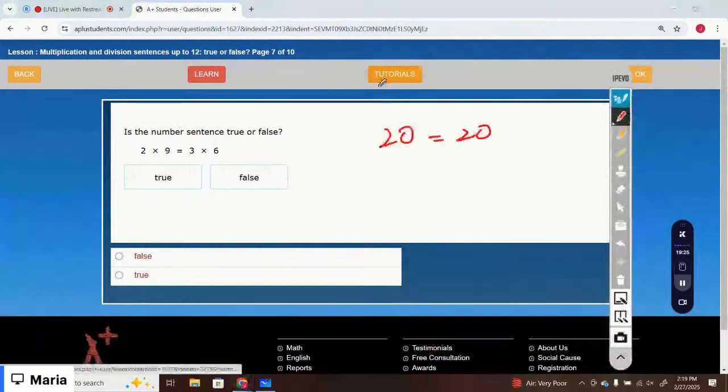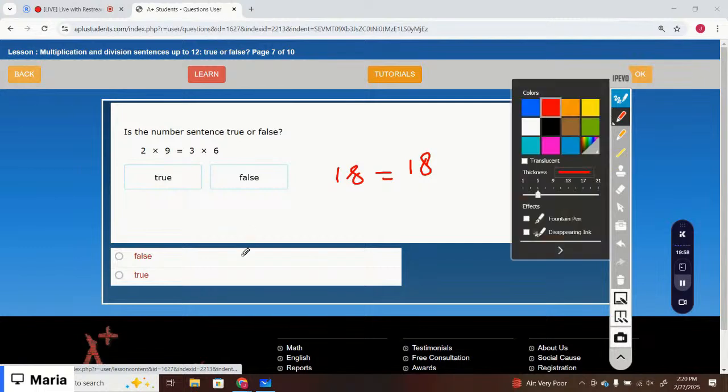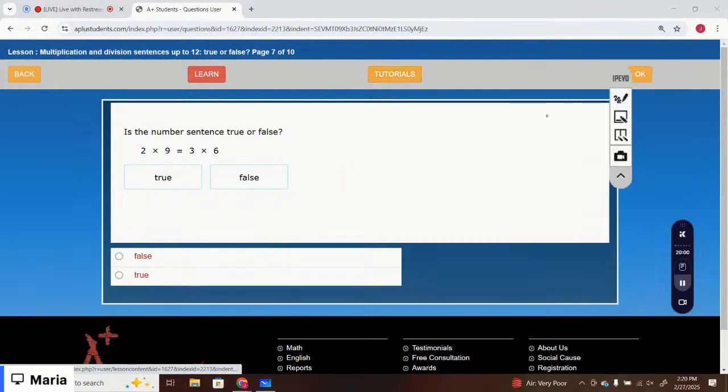Is the number sentence true or false? 2 times 9 is 18 and 3 times 6 is 18. Both sides are exactly equal. So true it is. Option number 2 is the correct option.